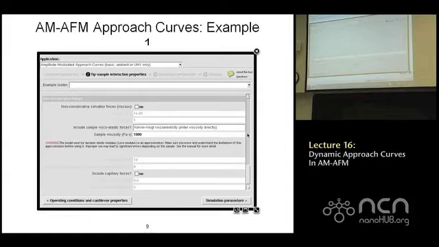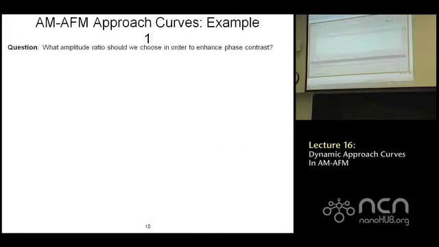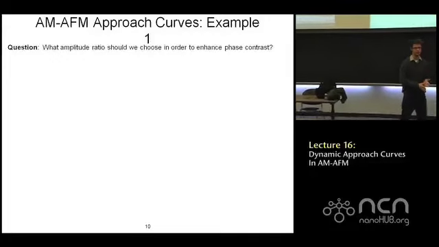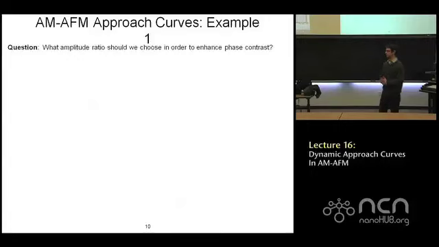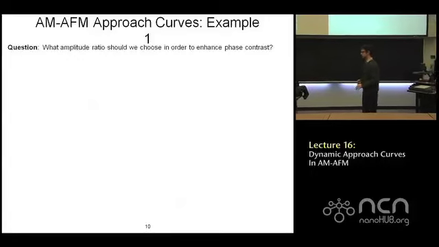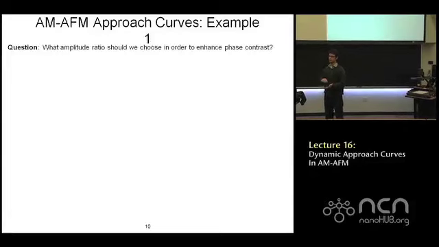Okay, so we're on the same page? The question I have for you is, if we are choosing a set point ratio and we're interested in a phase contrast image, which will occur from varying degrees of non-conservative interactions with the sample, we want to pick possibly an amplitude ratio where we can maximize that contrast, which happens between maybe a viscous region of the sample and a more conservative region of the sample.